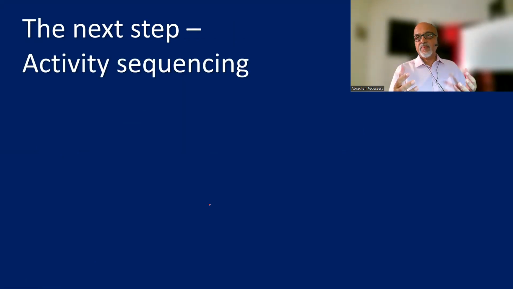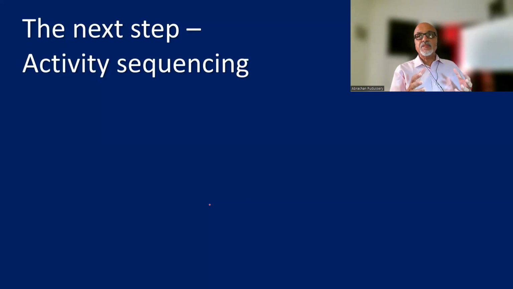The next step. At this stage, we have the WBS, we have the work packages, we have the cost estimate at the work package level. We have decomposed the work packages into activities, and we have estimated the cost of activities also. On top of it, we added contingency reserves and management reserves, and we arrived at the budget.